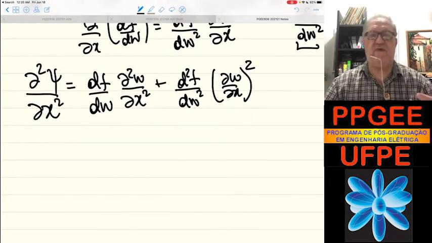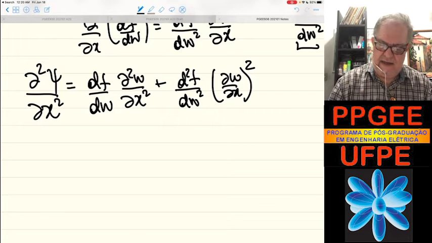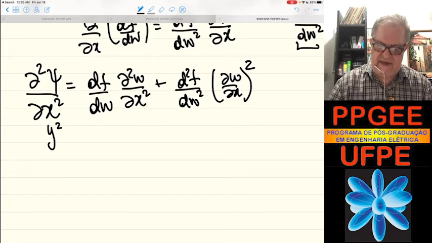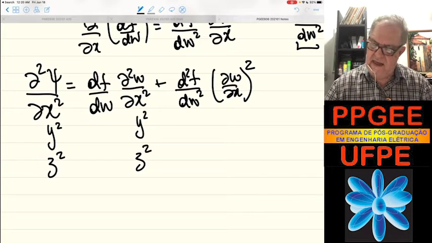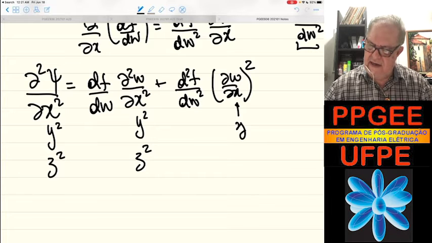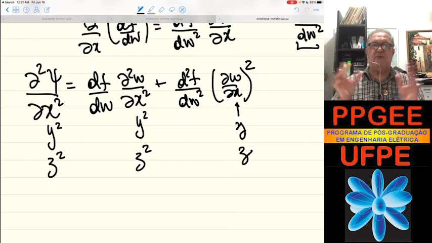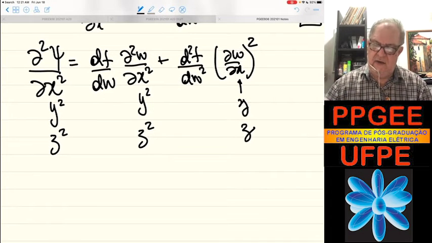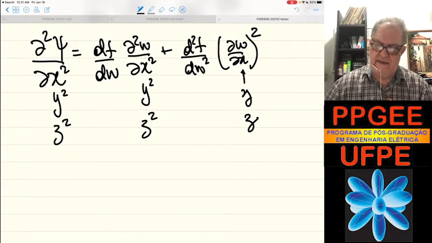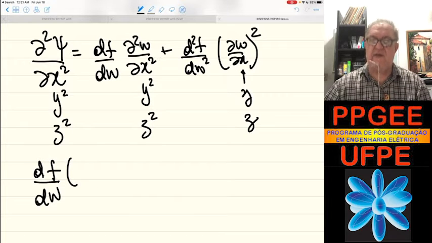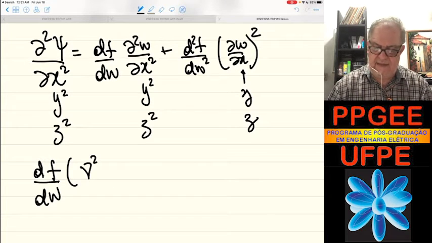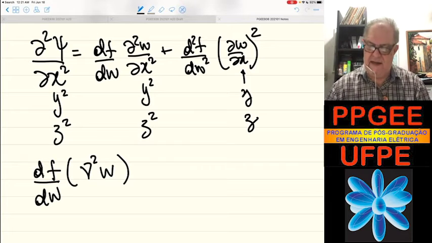So if we do it for the other ones, if we put a second derivative relative to y, relative to z. Here is going to be relative to y and relative to z. So when we sum the three together, we get the Laplacian. In fact, it's the Laplacian of w, right? So it's going to be df/dw times the sum of second derivatives, which is the Laplacian of w, okay?